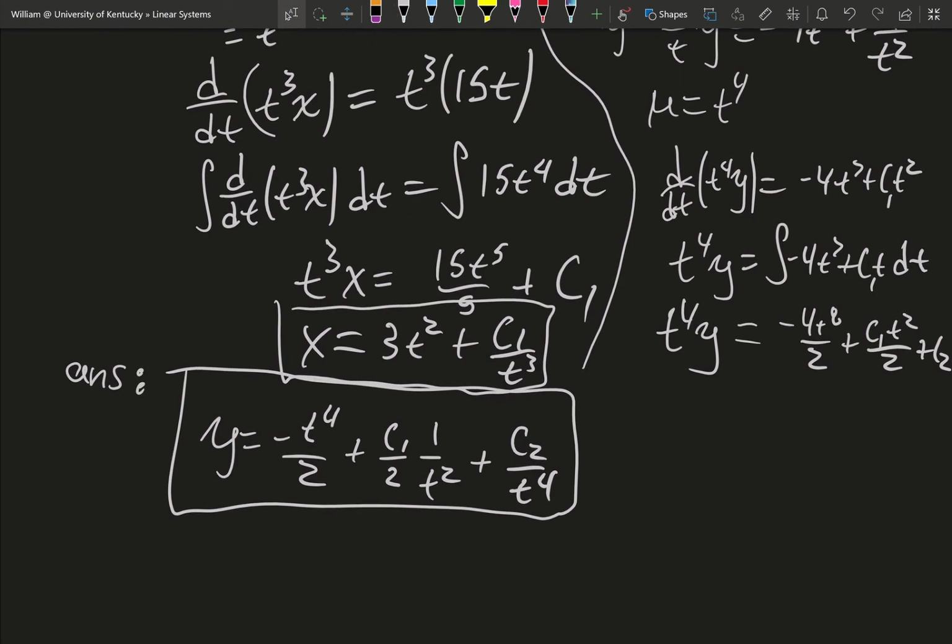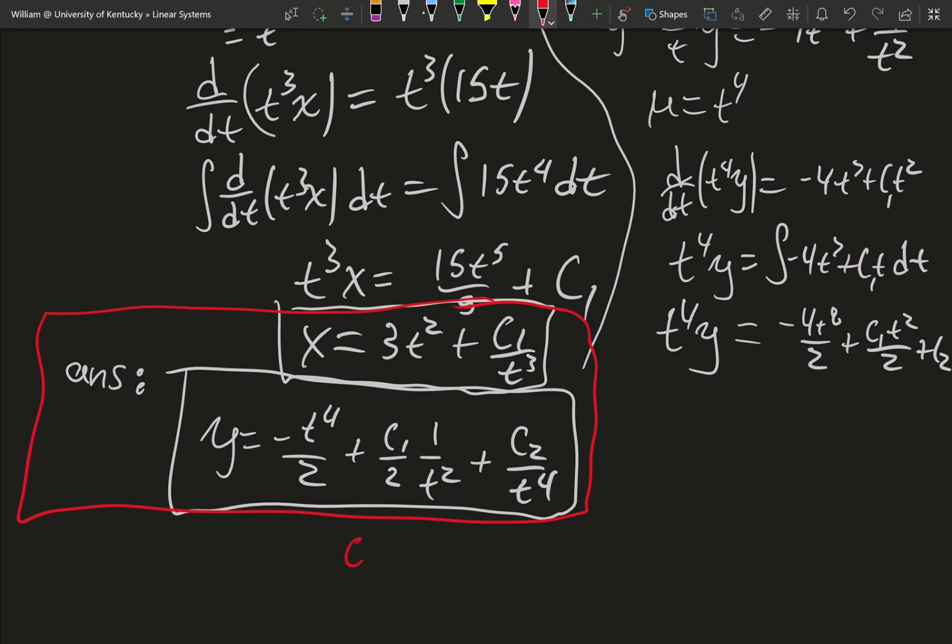Okay, so this would be our final answer, both of these together. And I'll just note again, there are still things you can sort of do with these arbitrary constants to maybe make the answer a little bit nicer. One option here is, I want to get rid of this divided by 2.